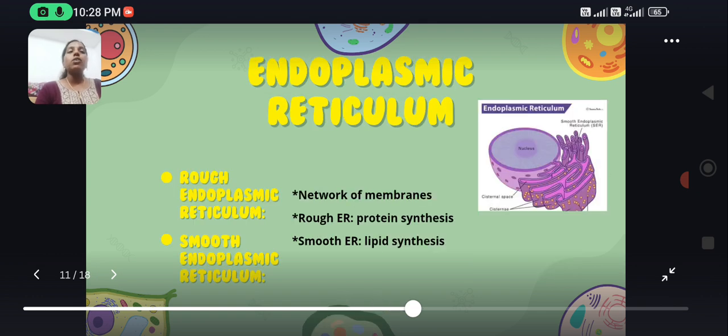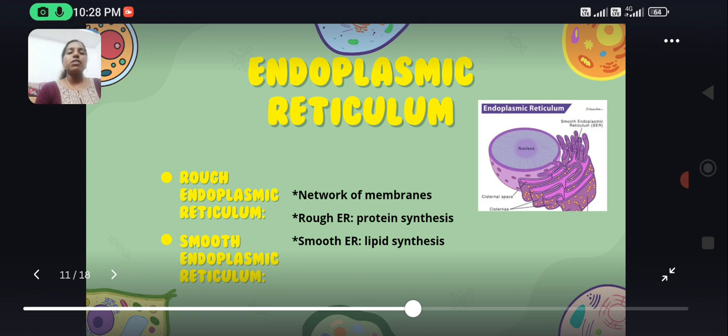Next one is endoplasmic reticulum. Endoplasmic reticulum is a network of membranes. Most often they are seen attached to the nucleus in animal cell, plant cell, all types of cell. There are mainly two kinds, rough endoplasmic reticulum and smooth endoplasmic reticulum.